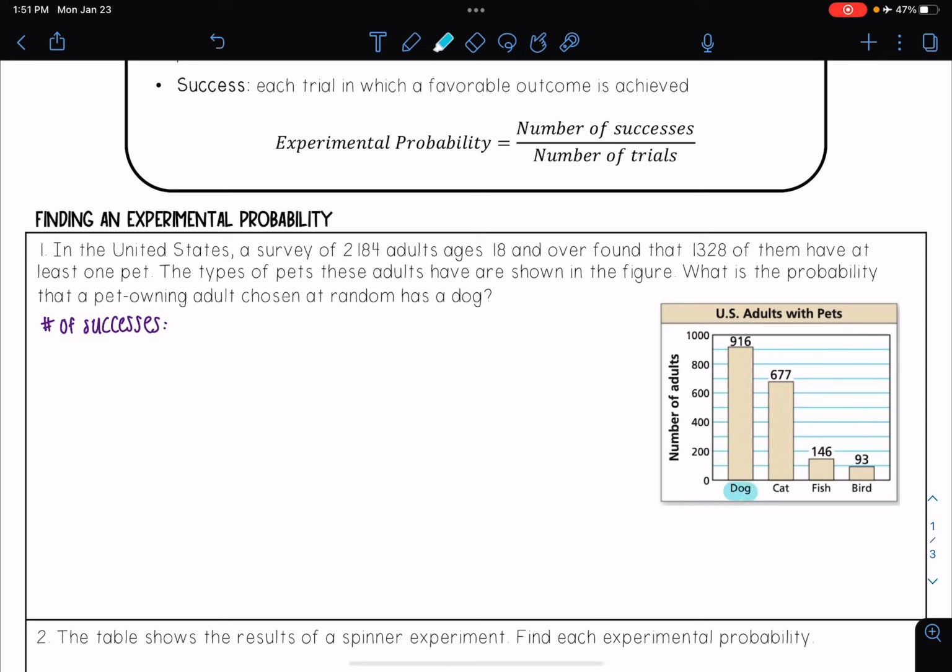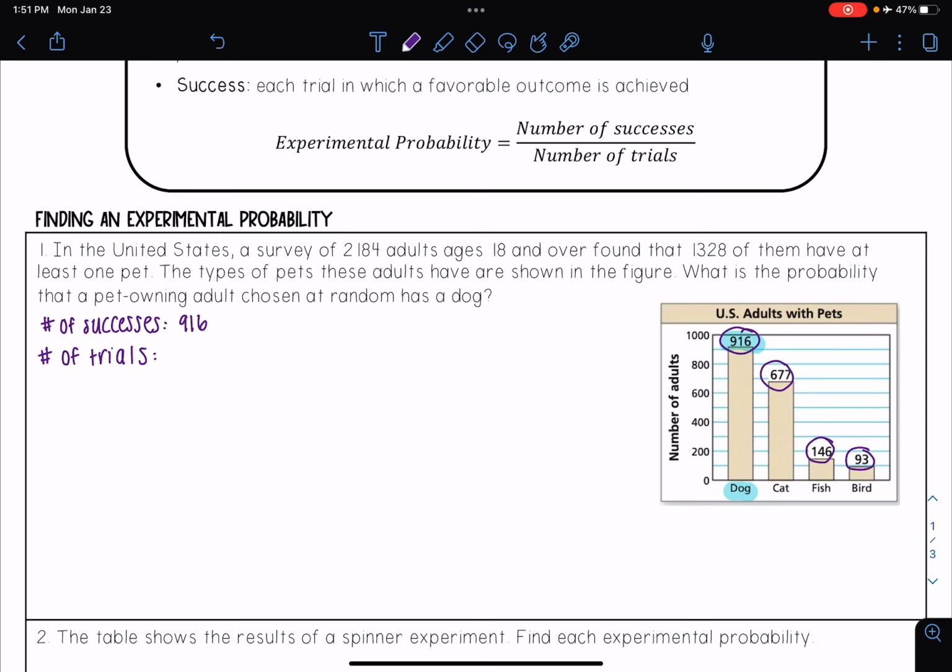And so I see in my chart that bar is there, so it's dog, and that's going to be 916 adults. And then I want to divide that by the number of trials. So I need to see what my total number is. There's a couple of different ways you can do it. You could go ahead and add all of the numbers you see here, or you can see what they surveyed.